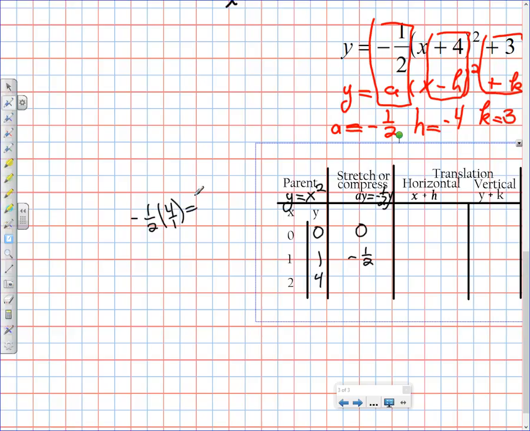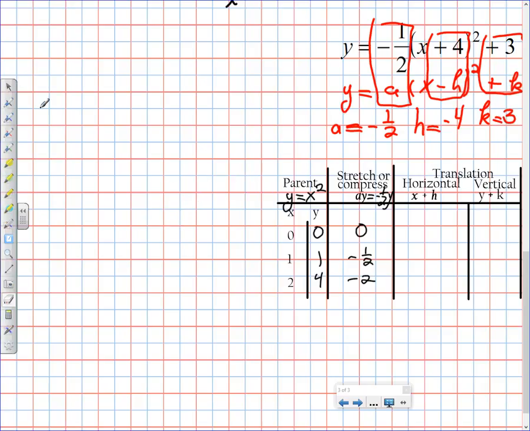Negative 1 times 4 will give you negative 4. 2 times 1 will give you 2. Now, how many times does 2 go into 4? So the answer is negative 2. Okay, so the fraction makes it a little bit more complicated, but it doesn't make it that much more complicated.